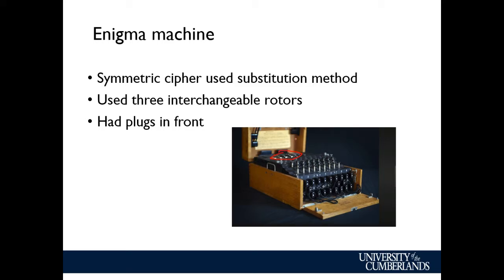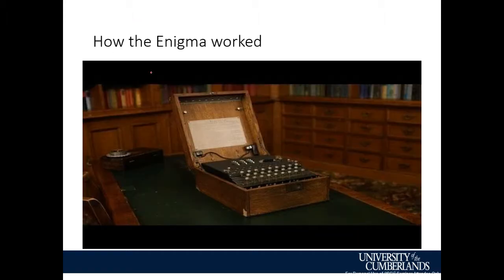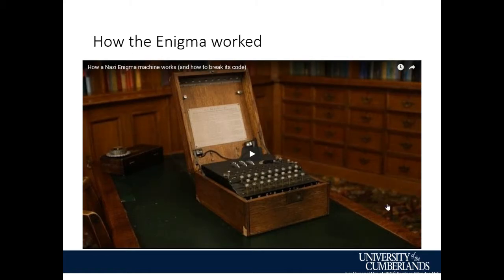So it had that. You also had this front end that said, all right, when this comes through as a B, change it to a D. So you had two things that were creating your encryption. And this is why the Germans felt it was unbreakable. So here's a short video on how it actually worked.